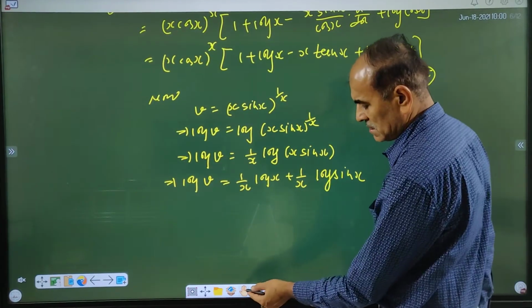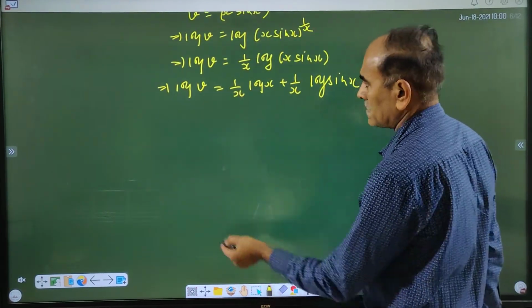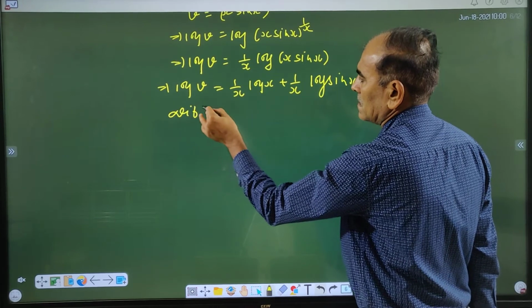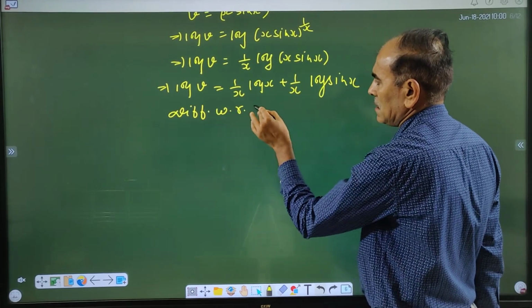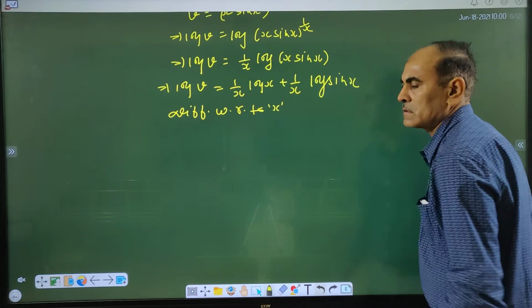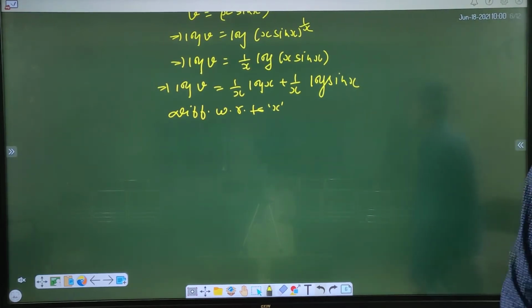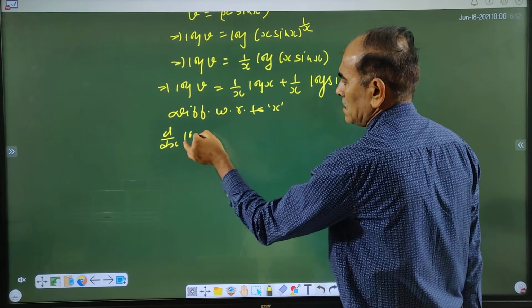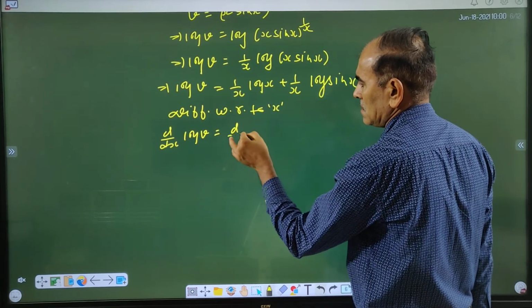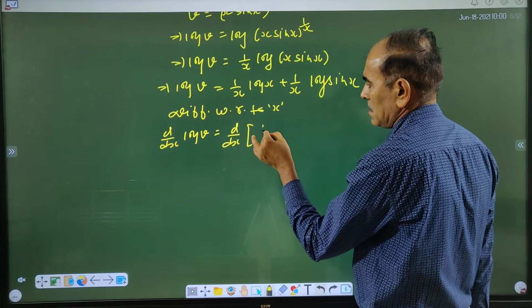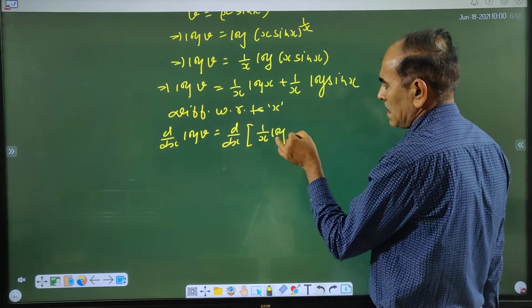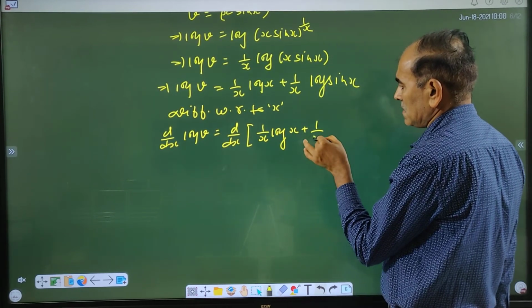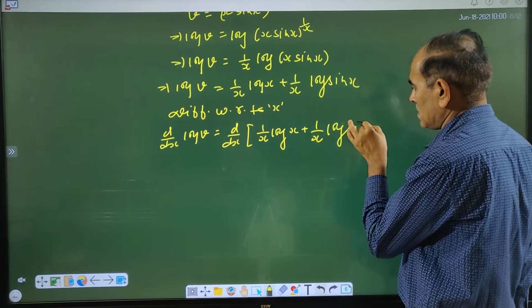Now differentiate it with respect to x, on both sides. So d by dx of log v is equal to d by dx of 1 by x log x plus 1 by x log sin x.